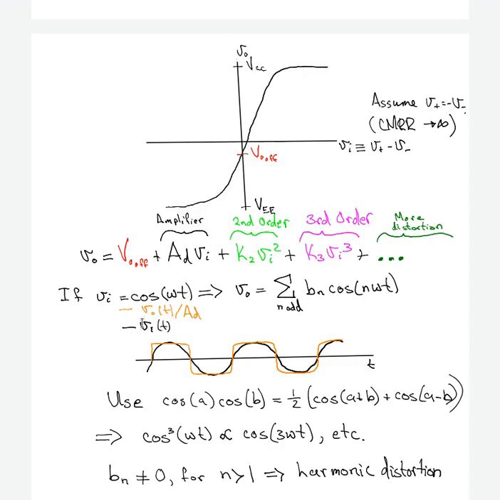Another way of looking at this is if we suppose the input voltage was sinusoidal, like V_I equals cosine omega t. If you put a cosinusoidal wave in here, when you're wiggling your cosine back and forth on the input axis, it's wiggling your output back and forth on this. And notice that you might wiggle your cosine over in this region right here, which would not put out the voltage you were expecting, which would be down here.